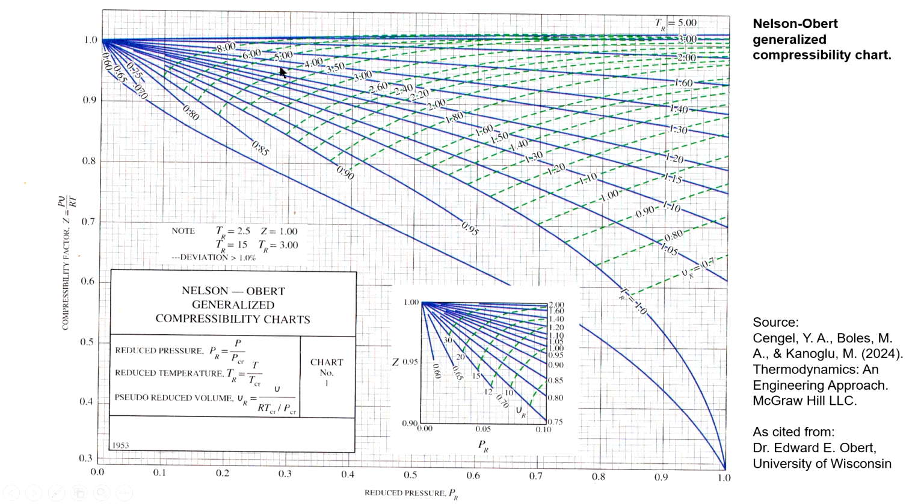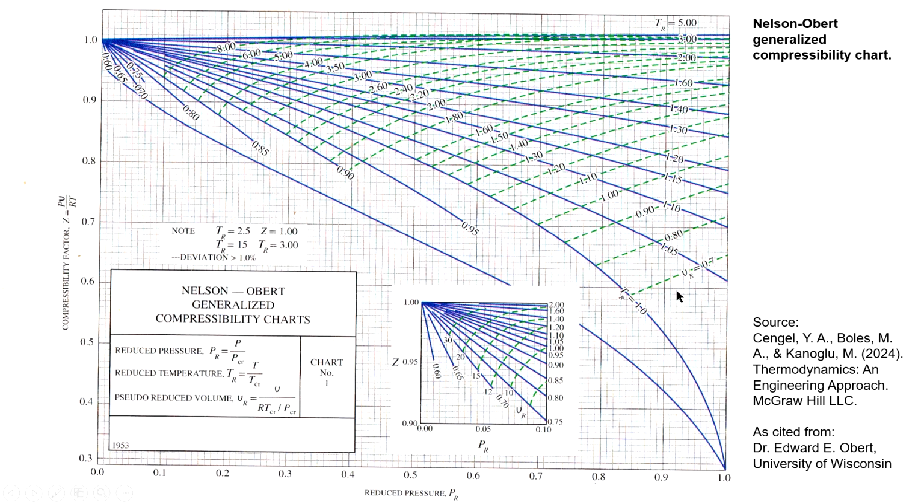Here's an example. This is the Nelson-Obert generalized compressibility chart. Along the horizontal axis it says reduced pressure, and on the vertical axis are the compressibility factors. And we have lines here, the blue lines and the dashed lines.